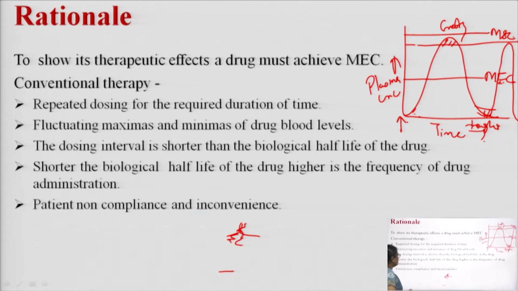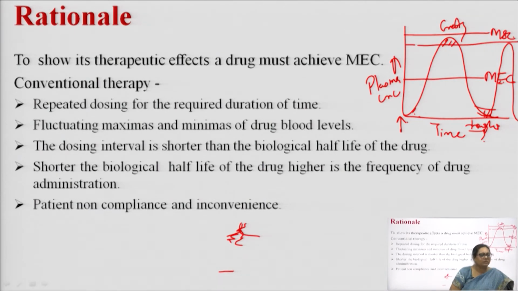As a result, in case of drugs with short biological half-lives, the frequency of drug administration will be more. This might lead to patient non-compliance and inconvenience. As a result, the desired therapeutic effects are not attained.